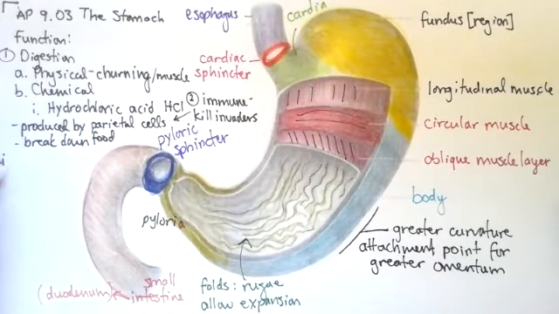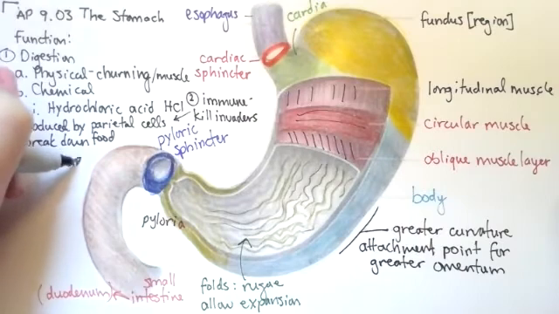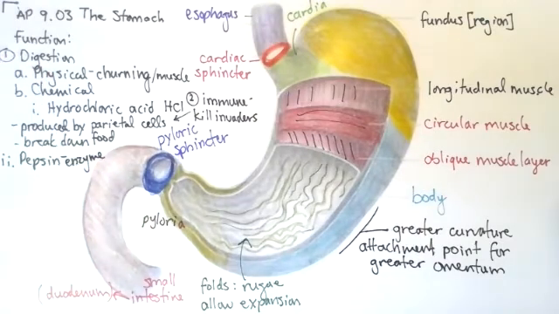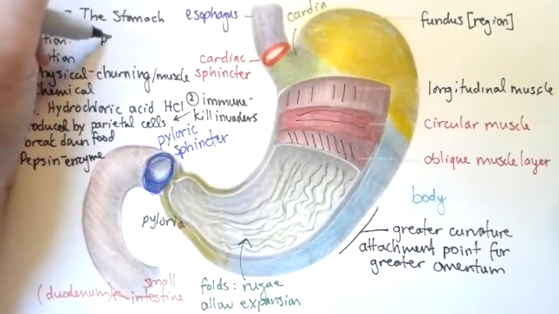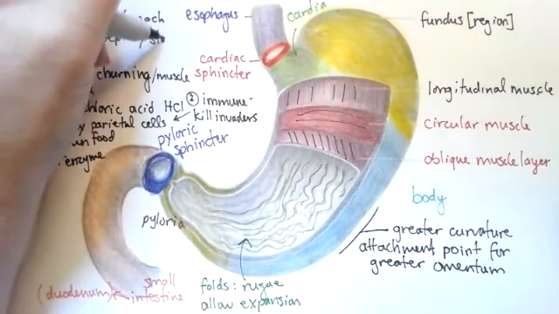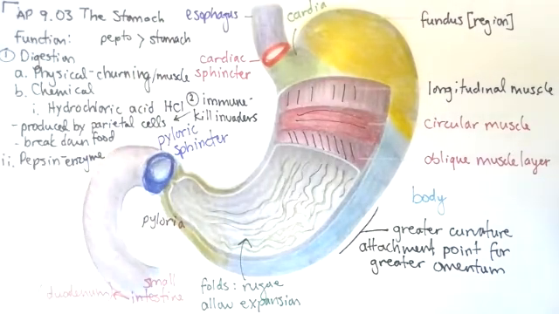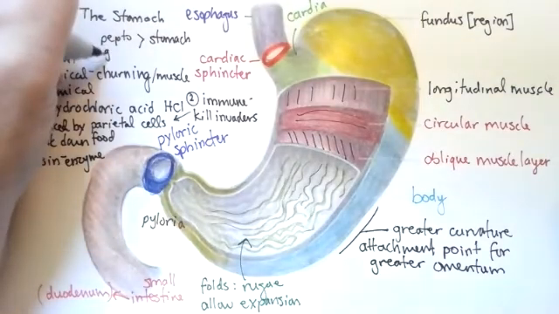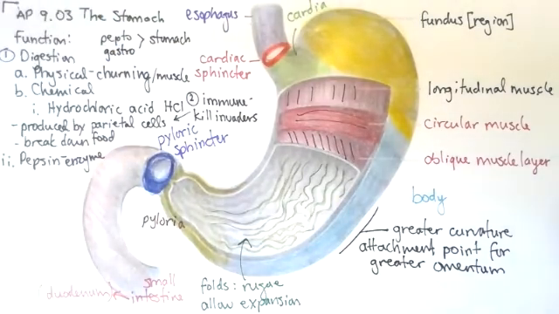The second type of chemical digestion we have is an enzyme called pepsin. There are two terms for stomach: pepto, which means stomach, and gastro. Those both mean stomach.